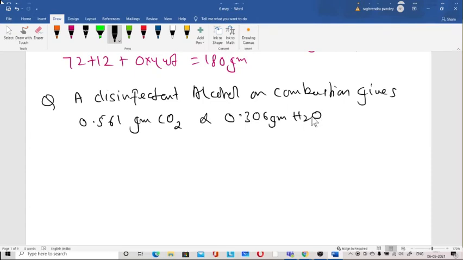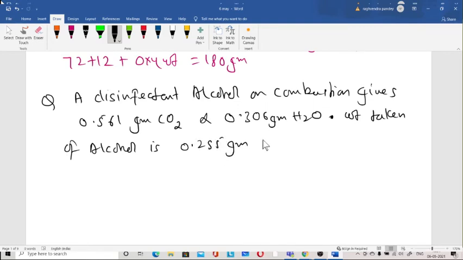The weight of alcohol taken is 0.255 gram. Find the empirical formula.